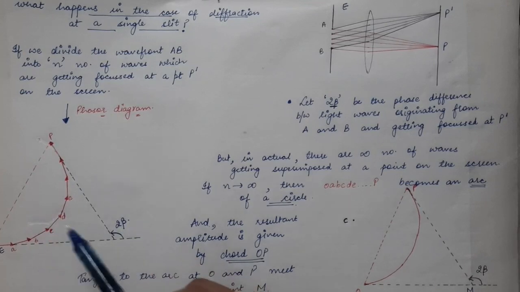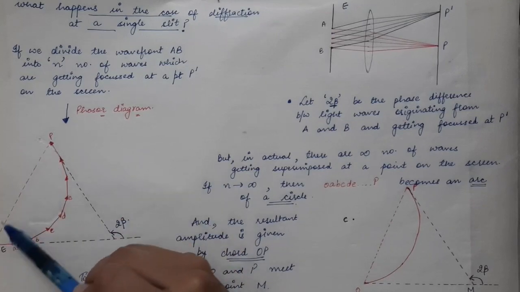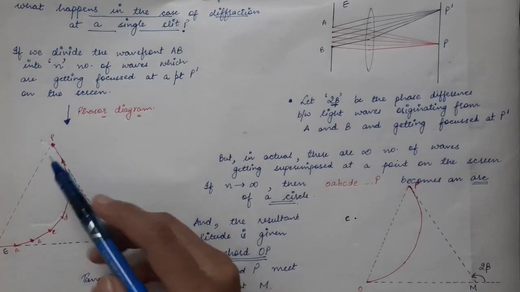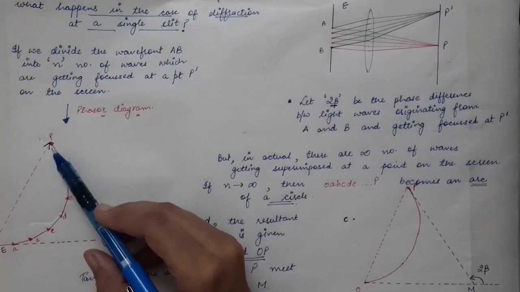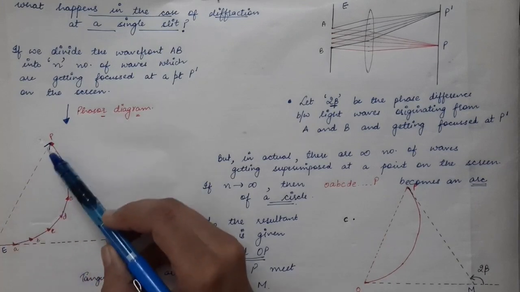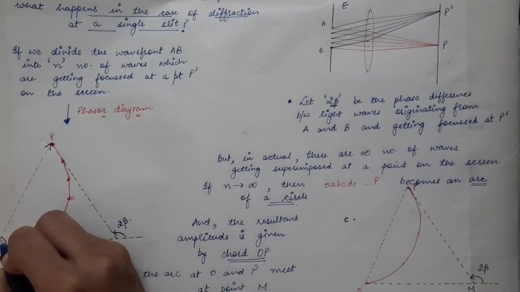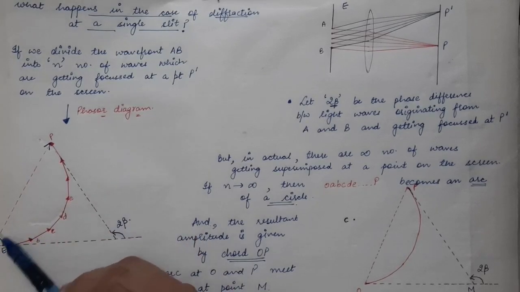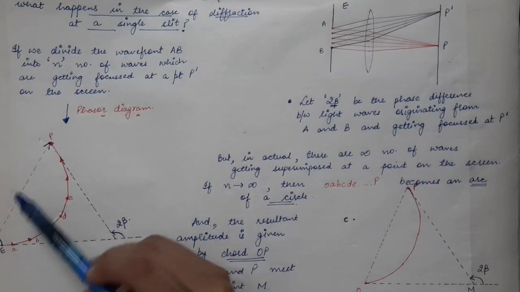So the angle made by this last vector with respect to the first will be twice of beta. The length of the OP vector will represent the amplitude of the resultant wave, and the angle made by the OP vector with the horizontal will represent the phase of the resultant wave.